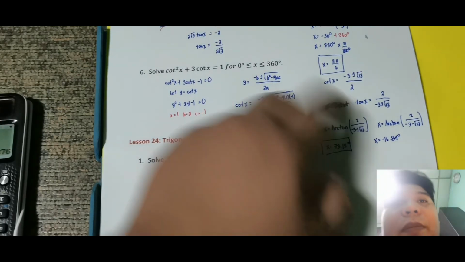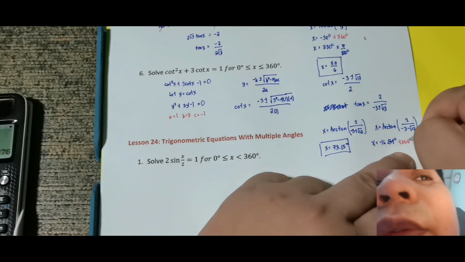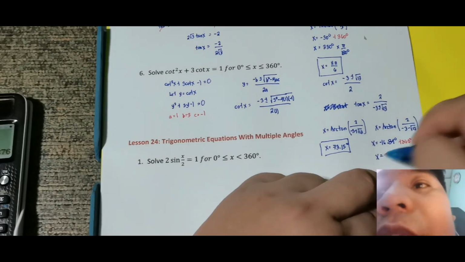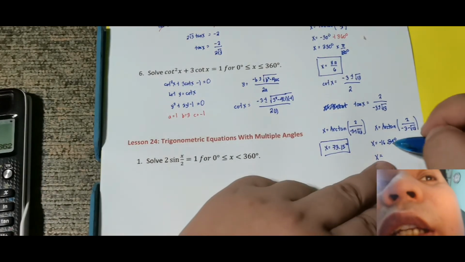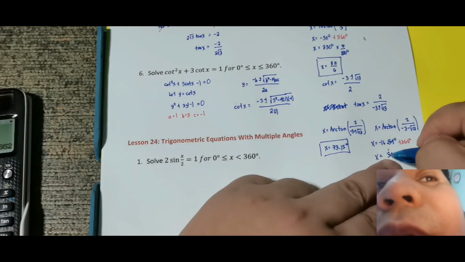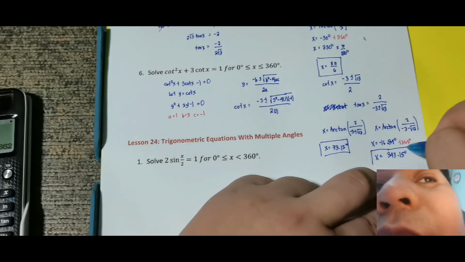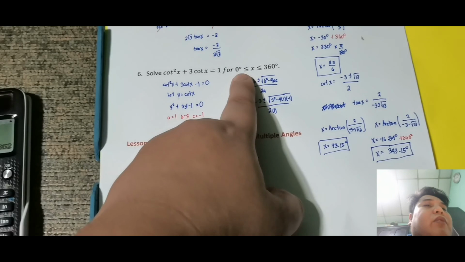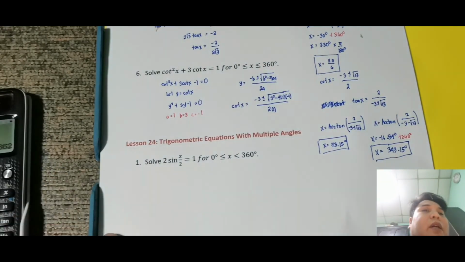So plus 360 kasi positive yung hinahanap. So therefore x is equal to 343.15 degrees. Okay, in which pasok naman dun sa domain or dun sa range na possible value. So nasa loob siya ng 0 to 360 degrees. So therefore ayun yung mga values natin.